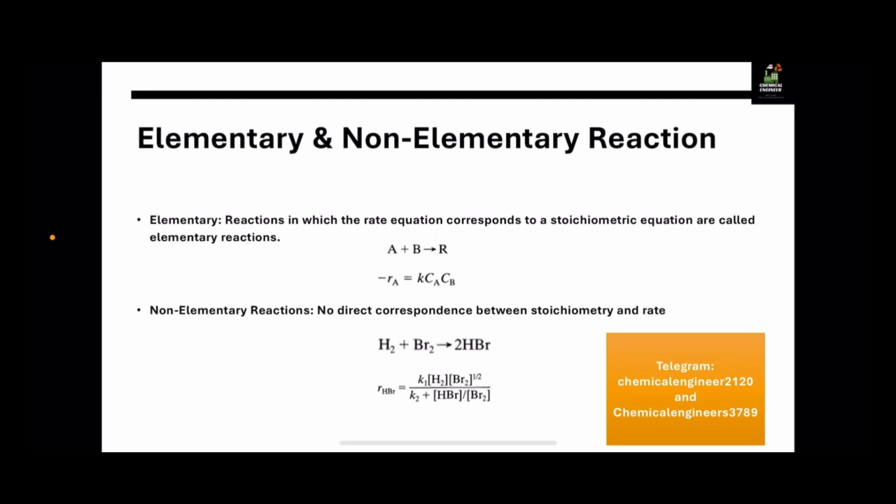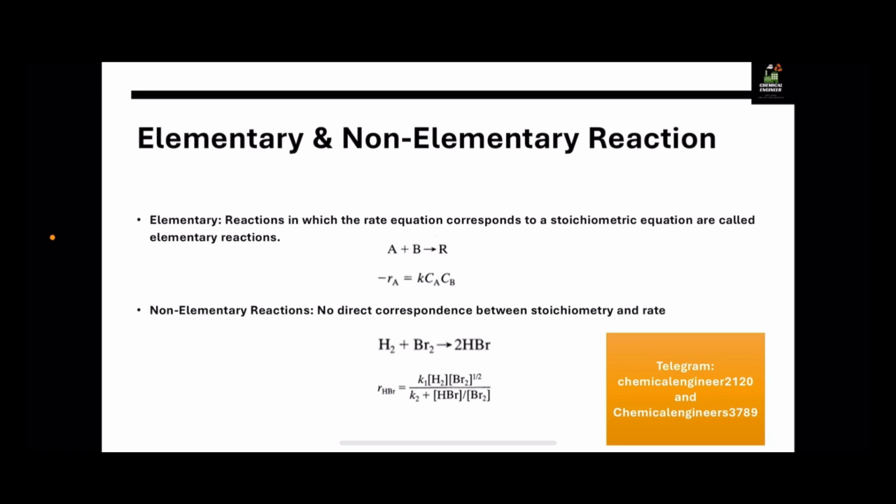As we are able to see in this equation, we are able to calculate the rate of the reaction with respect to the stoichiometric coefficient, but in a non-elementary reaction we are not able to get the rate of the reaction with respect to the stoichiometric coefficient.